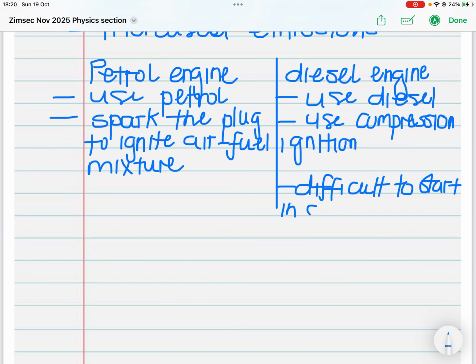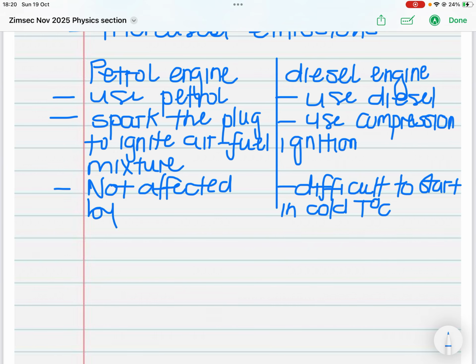We can say difficult to start in cold temperatures. And then this one is not affected by cold temperature. So these are some of the differences between the petrol engine and also the diesel engine.